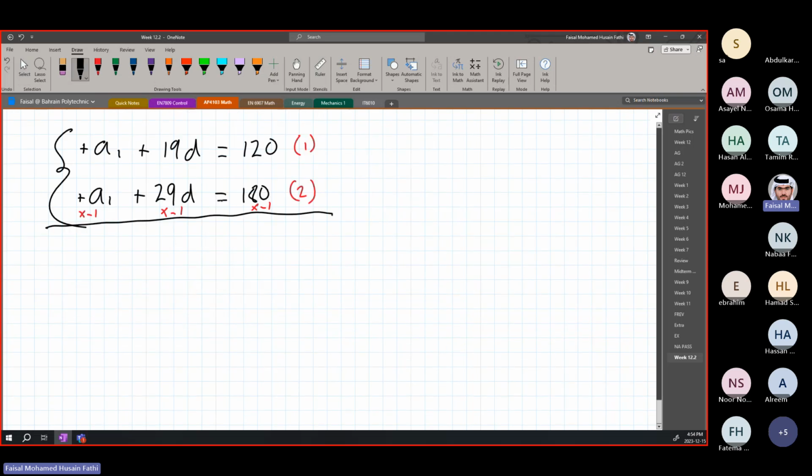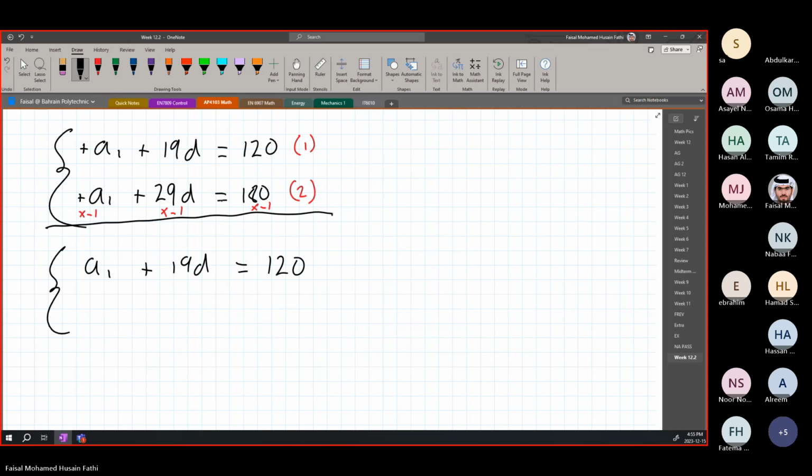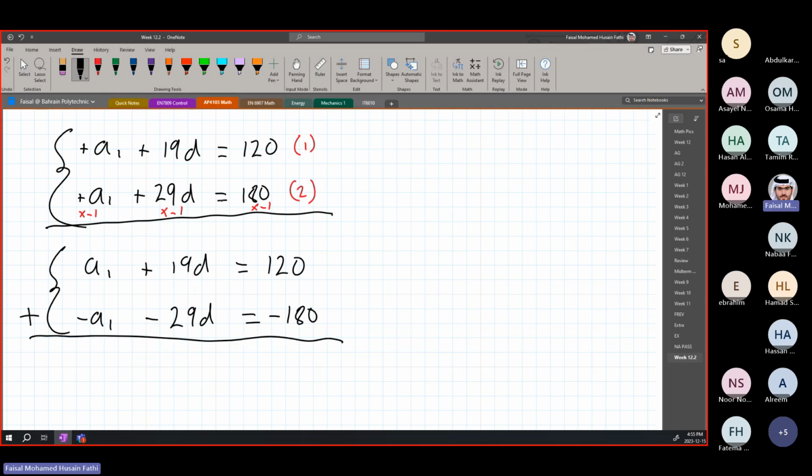If we rewrite the simultaneous equations, the first one is going to be the exact same thing. Minus A1 minus 29D is equal to minus 180. And then we can solve. We just add.